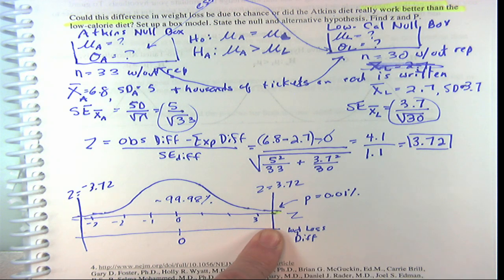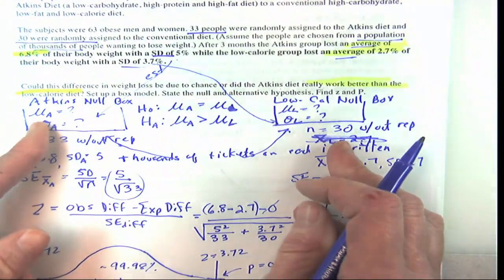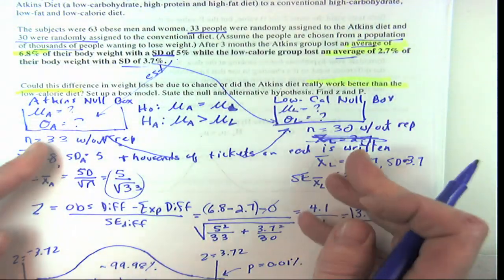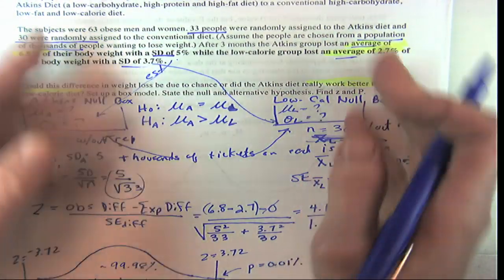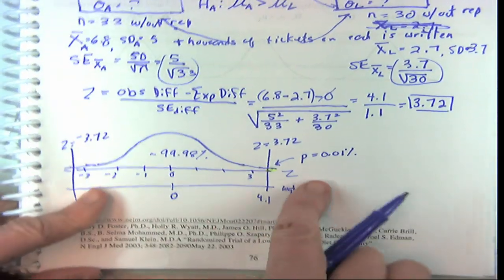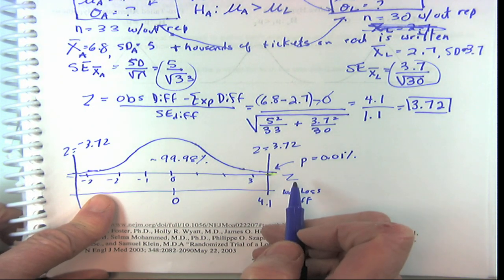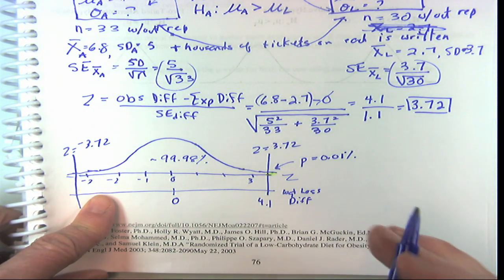That's what that's saying. 1 out of 10,000 times, if it was really just by the luck of the draw, like we drew another 33 and 30 people and did that 10,000 times, we'd have to do it that many times before we'd see that big a difference. So it's extraordinary evidence.